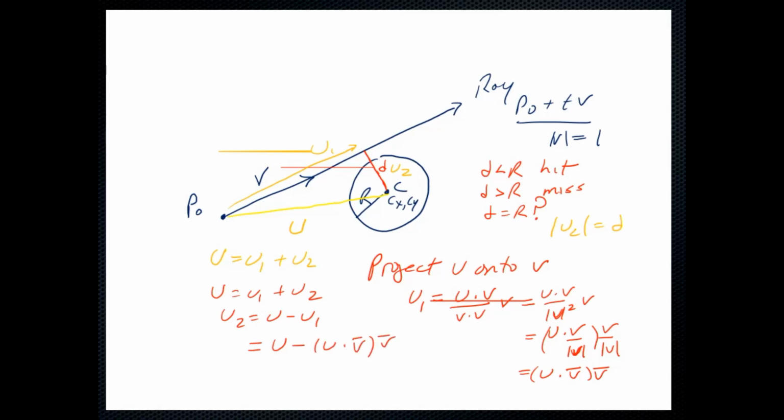Okay, so this is the way to do distance from ray to sphere in our vector geometry. There's another approach which works with plugging the ray equation into the implicit equation for the sphere, and we'll do that next time.